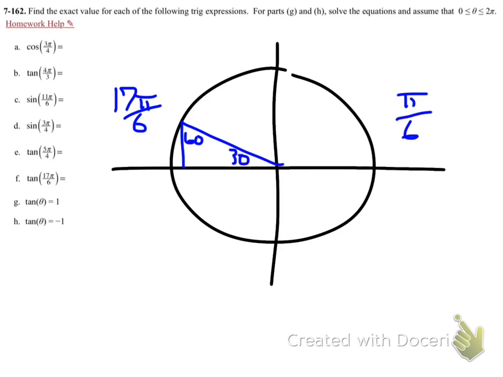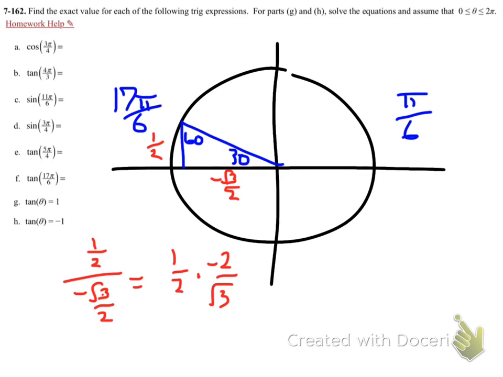Tangent, again, being the sine value divided by the cosine value. I'm going to then switch this to 1/2 times the reciprocal of the denominator. So negative 2 over the square root of 3. 2's make a giant 1 here. So now I end up getting a negative 1 over the square root of 3.